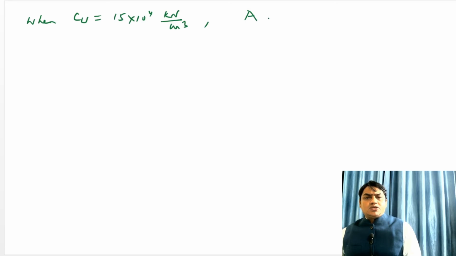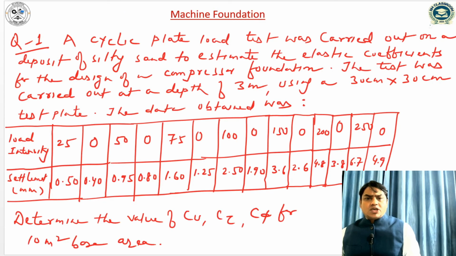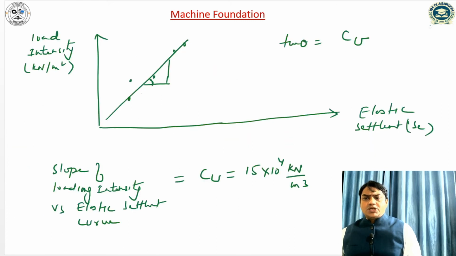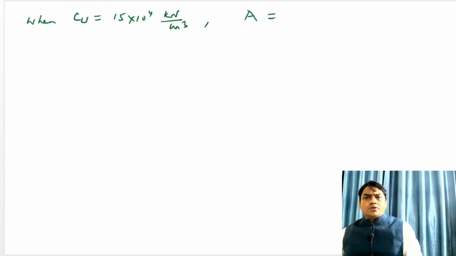Now let us compute the Cu for the base area of 10. The size of the plate is 30 centimeter by 30 centimeter, meaning 0.3 by 0.3, which is 0.09 meter square. So what will be the Cu if the base area is 10 meter square?